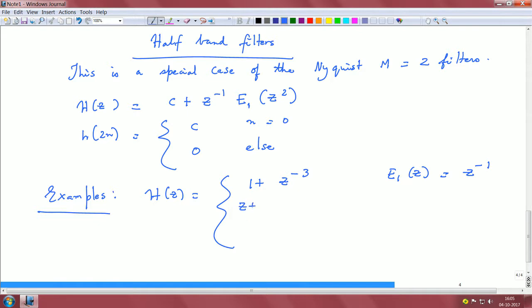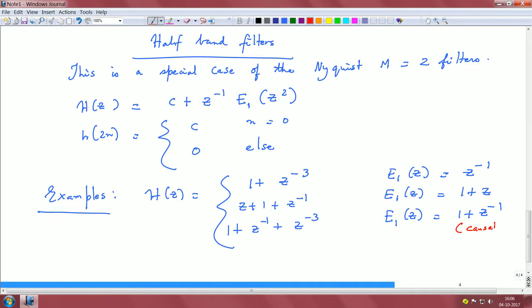I could have z plus 1 plus z power minus 1, wherein E1 of z is 1 plus z, which is anti-causal, and I could have something like this where E1 of z is 1 plus z power minus 1, and in this case this filter is causal, in this case this filter is anti-causal.